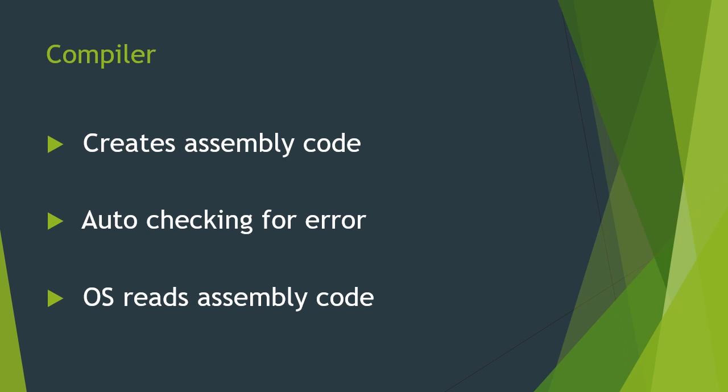So when the compiler has done the assembly code and you run your program, then it's plain assembly code. The OS reads this, converts it into machine code, and then the processor or the CPU in the computer is the unit that takes in the machine code and then does whatever it should do with it.